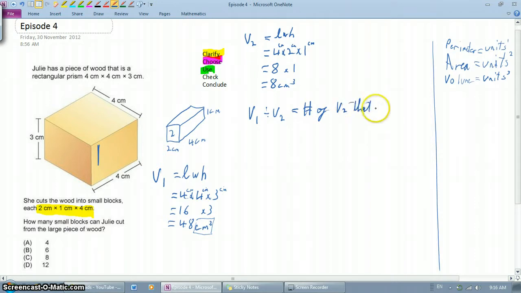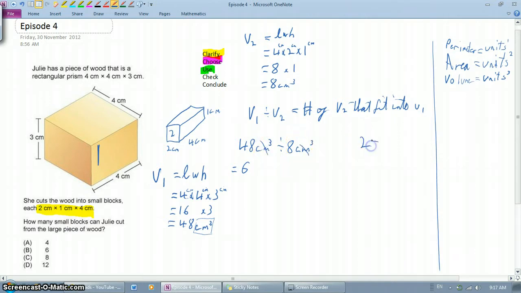So let's do it. 48 centimeters cubed, I remembered my units, divided by 8 centimeters cubed equals, 48 divided by 8 is going to be 6. Centimeters cubed divided by centimeters cubed is going to be 1. They're essentially going to cancel each other out.